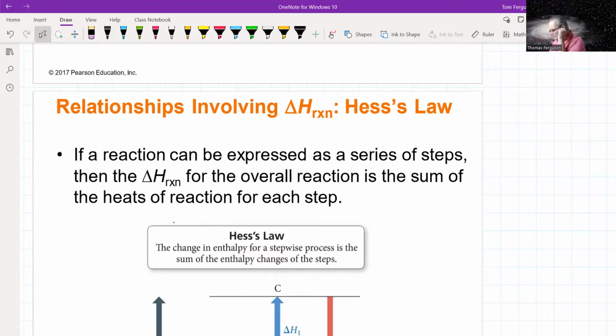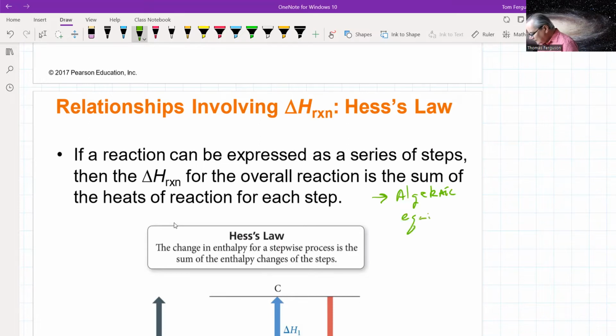Now, Hess's law involves, if we don't have an overall delta H for a reaction, we can add up other reactions, and we can add up their delta H's as long as we end up with an algebraic equality.